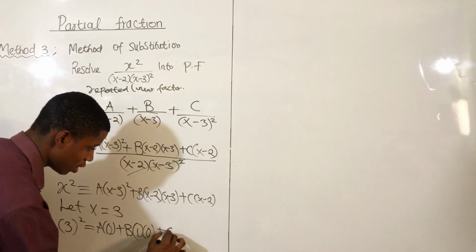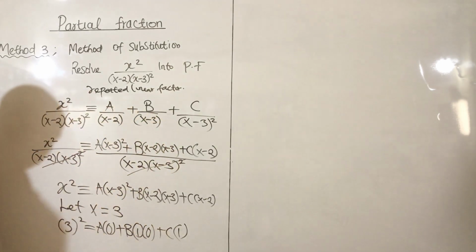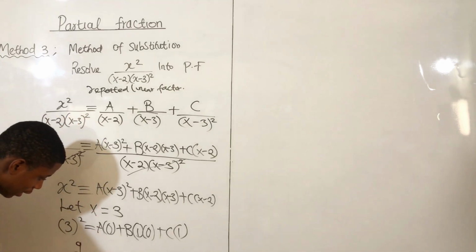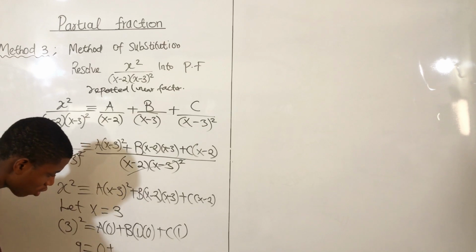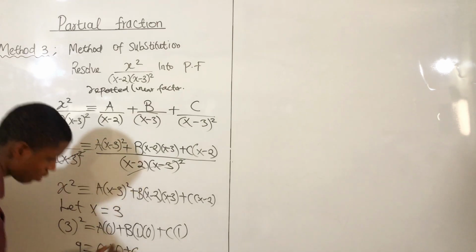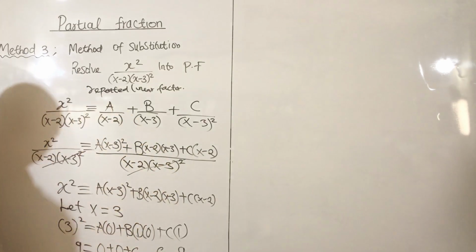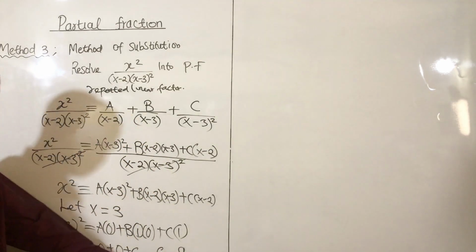Plus C(3 - 2), which is 1. So the square of 3, which is 9, is equal to 0 plus 0 plus C. Therefore, C is equal to 9.